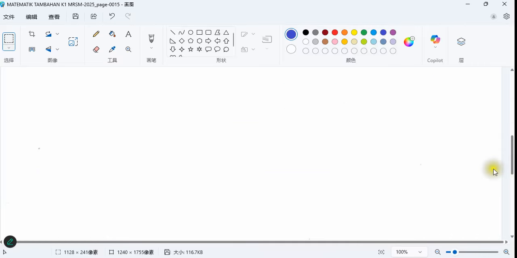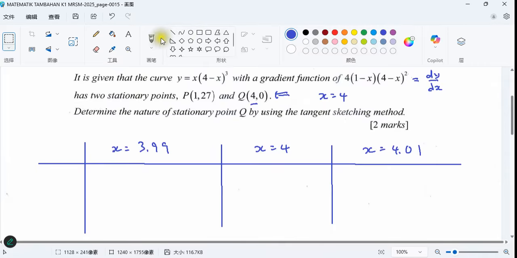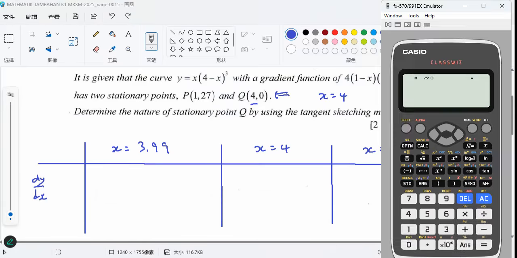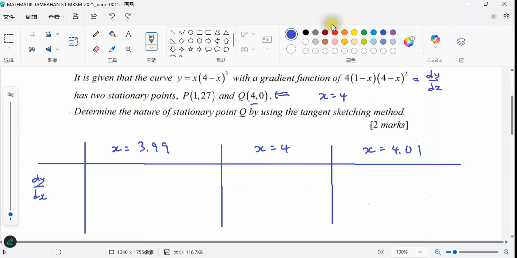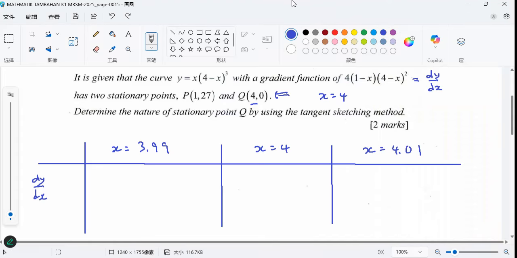And then we find the value of dy/dx. So we have 4 times (1 minus 4), and then (4 minus 4) squared, then this is 0.